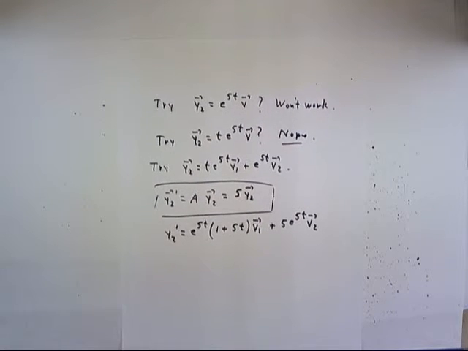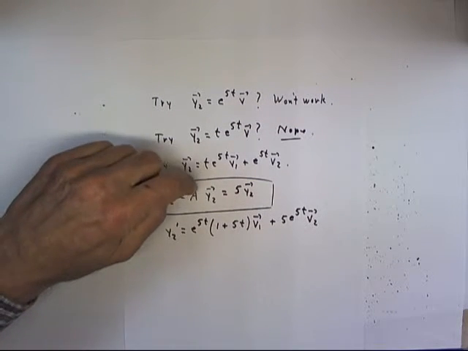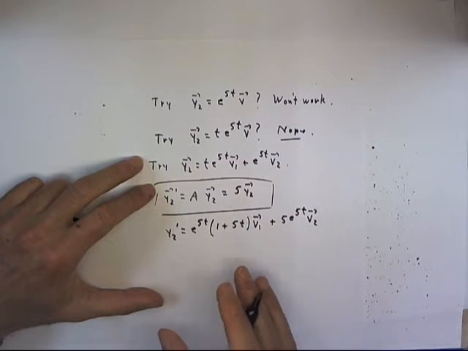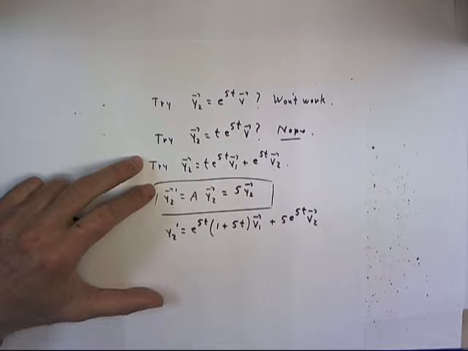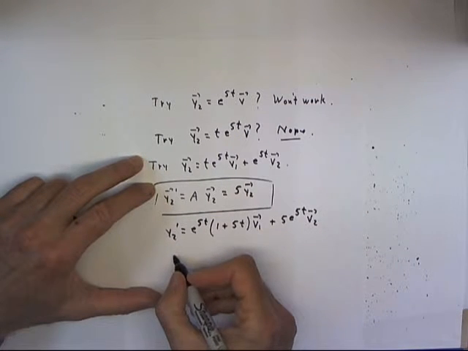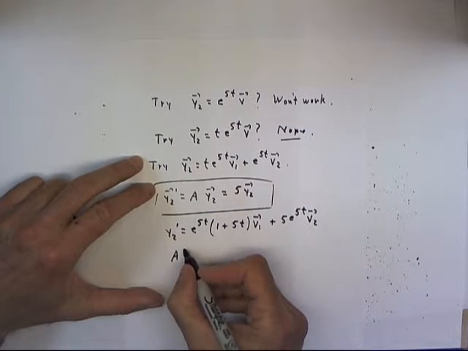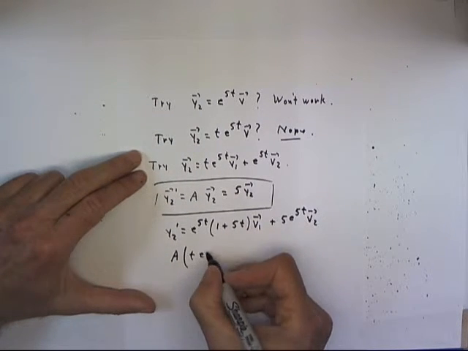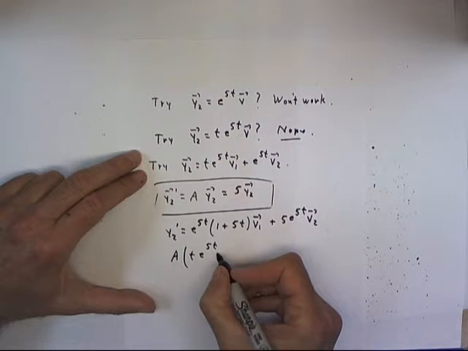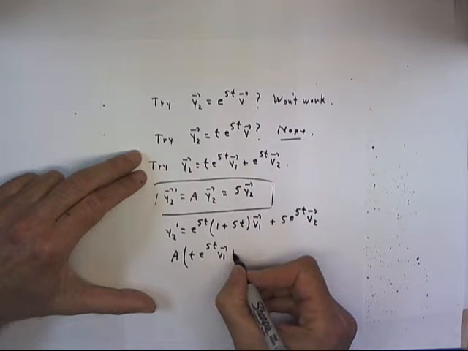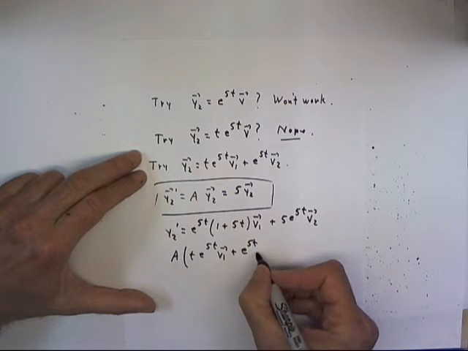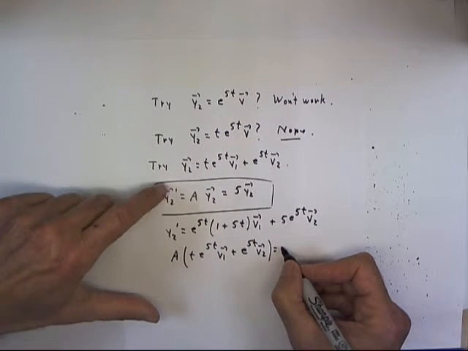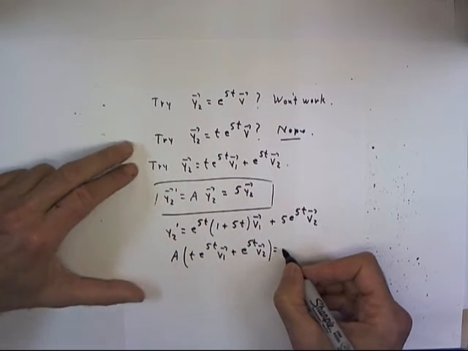Now, without getting our hands too dirty here, we can see that Ay2 should equal 5y2. And without writing out the coefficients of A just yet, that tells us that A multiplied by the column vector, t e to the 5t v1 plus e to the 5t v2 should equal 5 times y2.